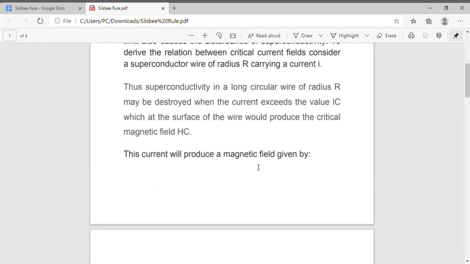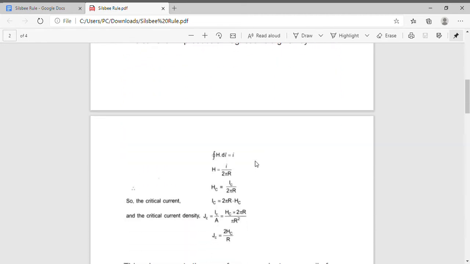Now, I am using Ampere's circuital law. What is that law? Line integral of H dl equals I. Therefore, from here, H will be equal to I upon 2 pi r. As we have taken a wire of circular shape, its length will be equal to the circumference, and the circumference of the circle is 2 pi r. Now I am taking the condition at which I equals Ic.